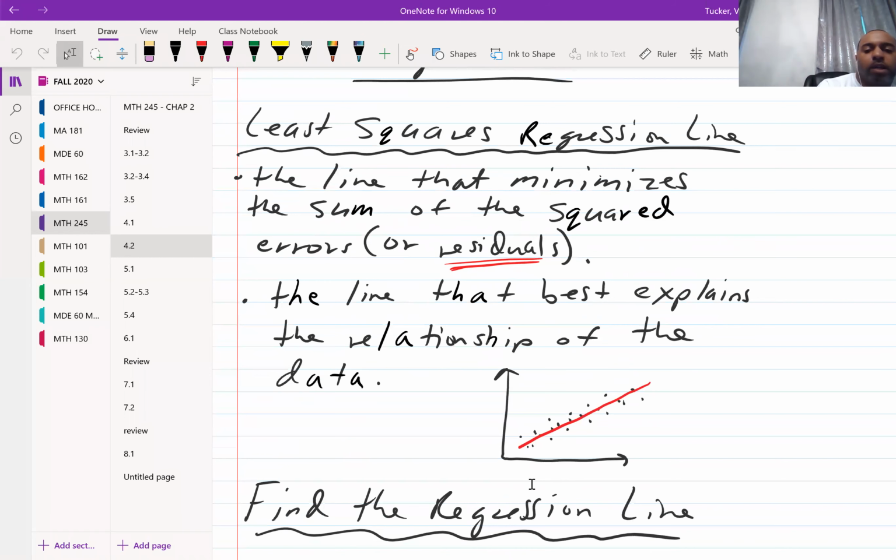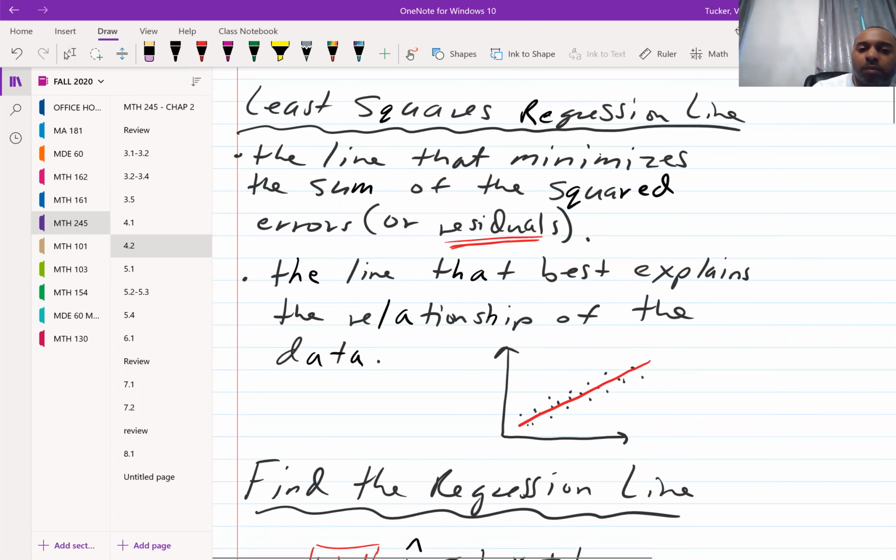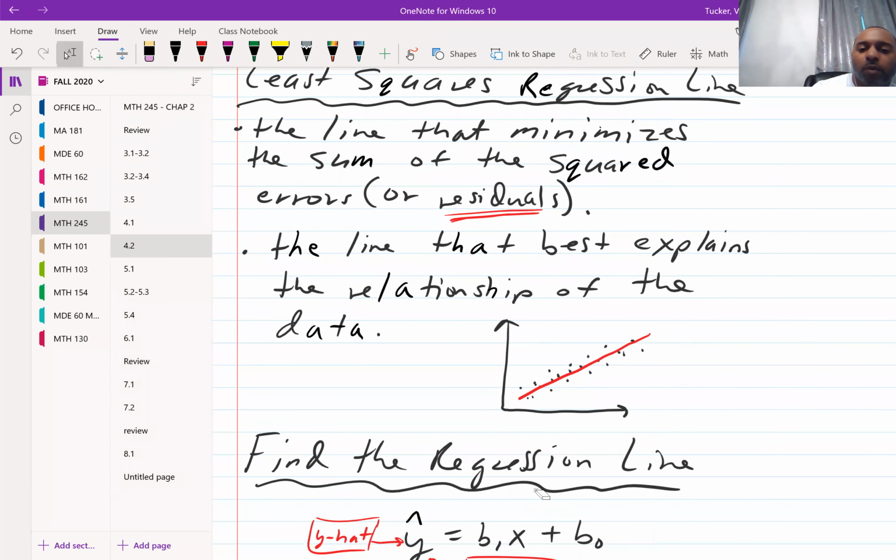That red line is just an example of what we mean by least squares regression line, the line that best summarizes the data or best explains the relationship. We will also use it to predict outcomes based on observations we've already seen. Like if we were talking about the golf club and the guy swinging it, based on the observations that we have, we'll be able to predict how far the ball would travel if you were to swing at a certain speed.